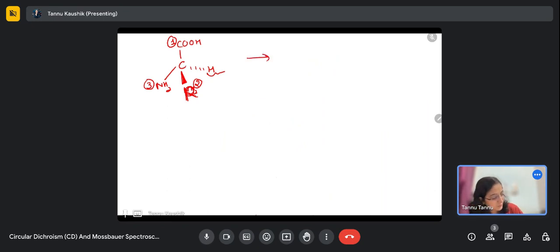So now if you orient through this, you are moving from 1 to 2, 2 to 3, and then back to 1. So this is clockwise rotation. Clockwise rotation is equivalent to the D enantiomer.